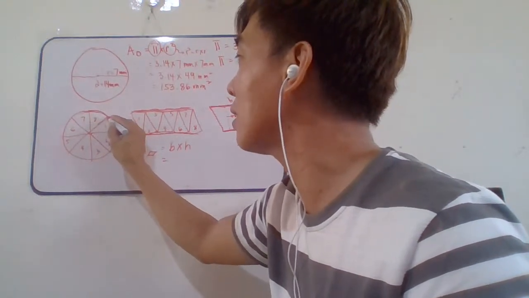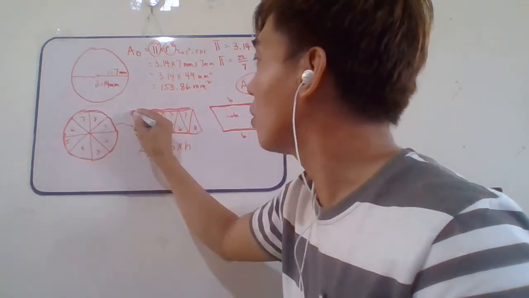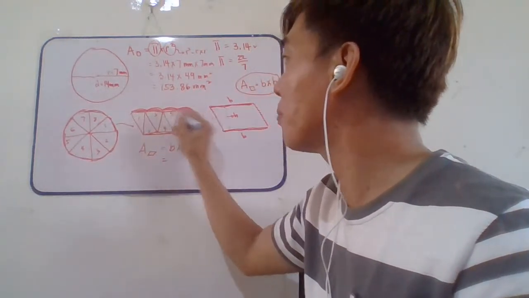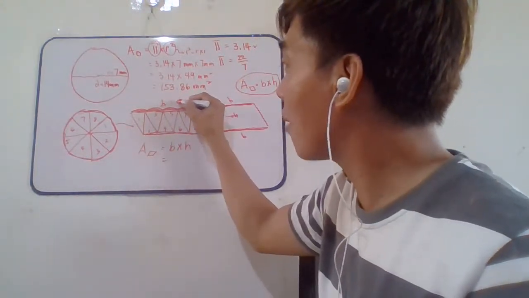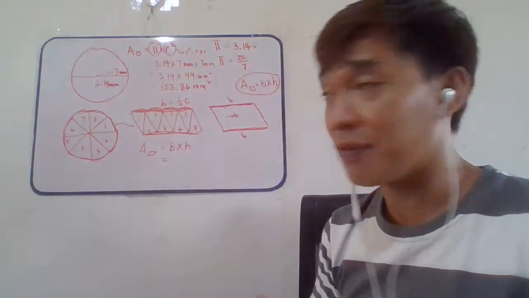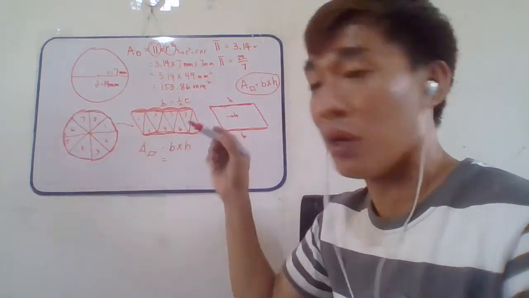The portions here are the base, which is half of the circumference. Half, why? Because the other half of the circumference is here below.